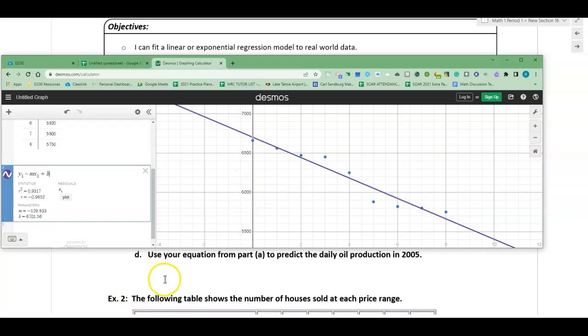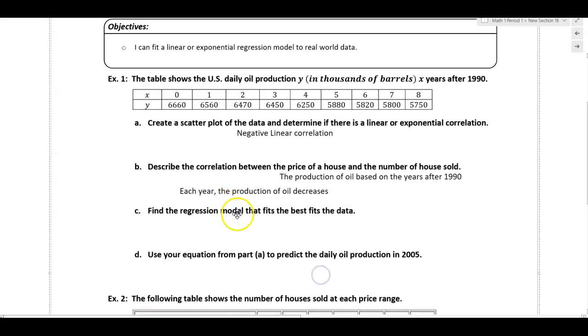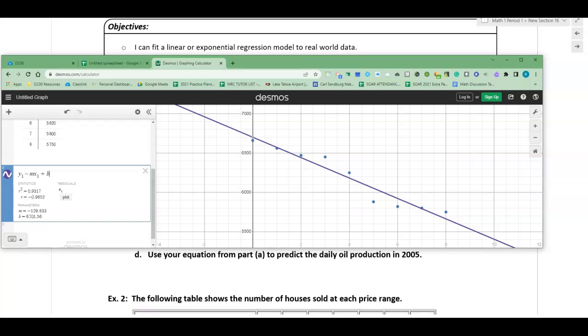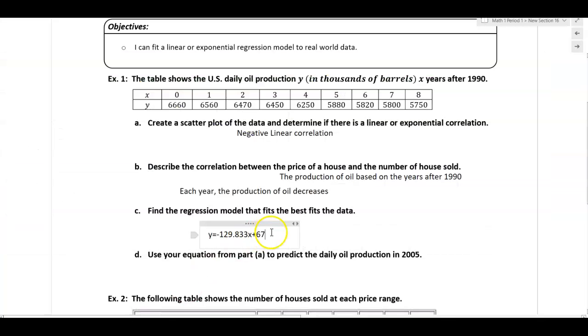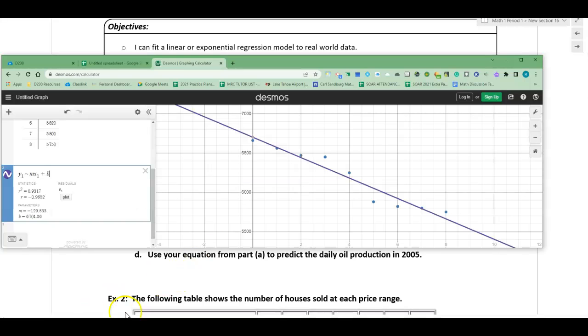So I'm going to take that and write my equation. The regression model: y equals negative 129.833x plus 6,701.56. So that is the model. That is the line that best fits the data, comes closest to all of the points.